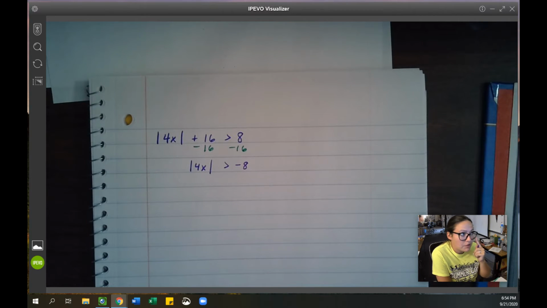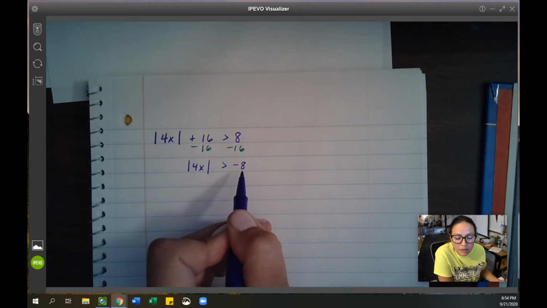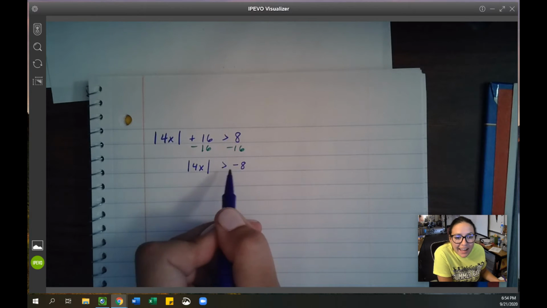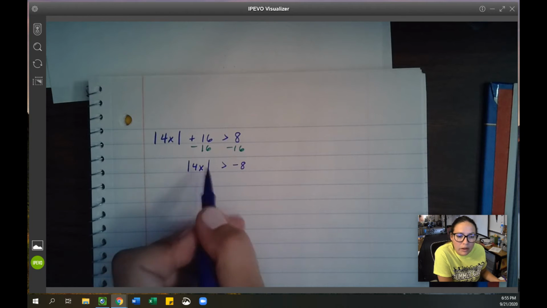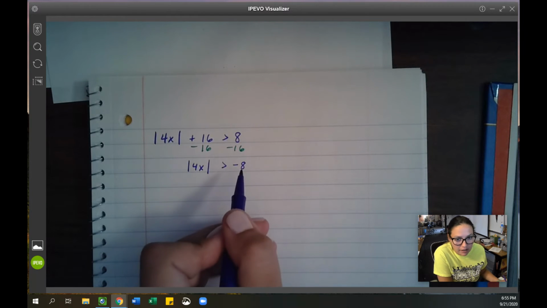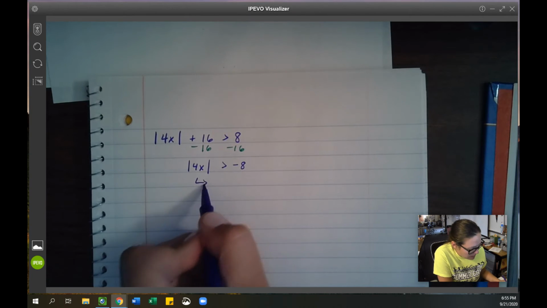Now, before you say no solution, I want you to think about this. An absolute value will never equal a negative number, but we're not asking if it will equal a negative number. We're asking, when will this be greater than negative 8? And the answer is always, right?